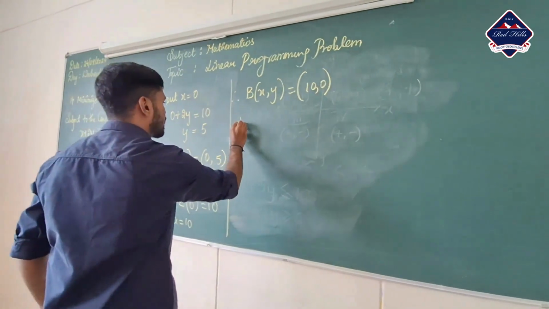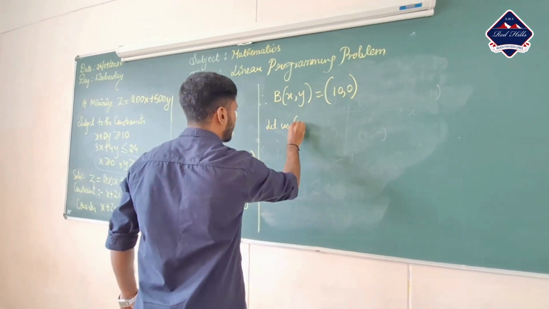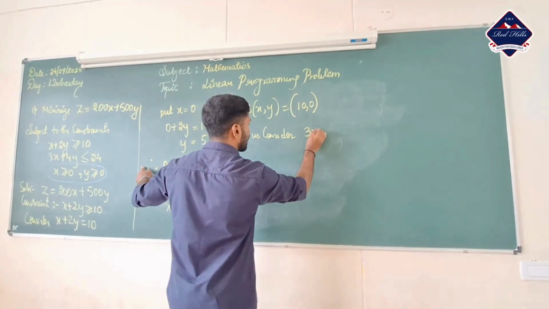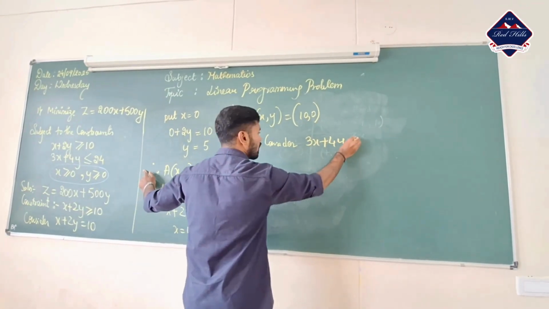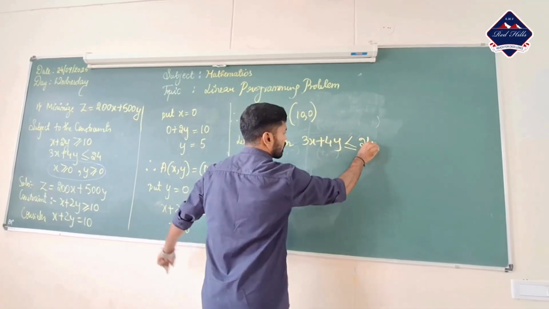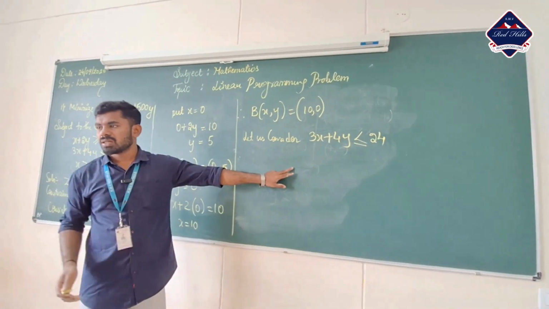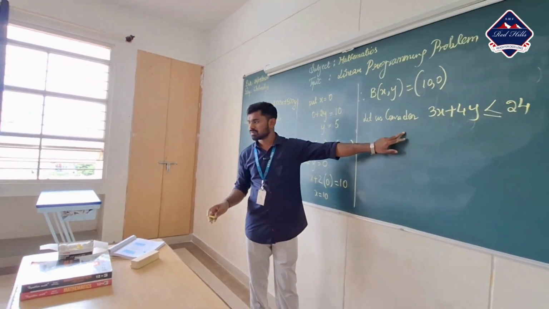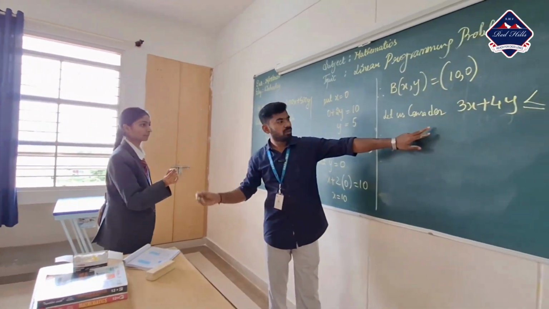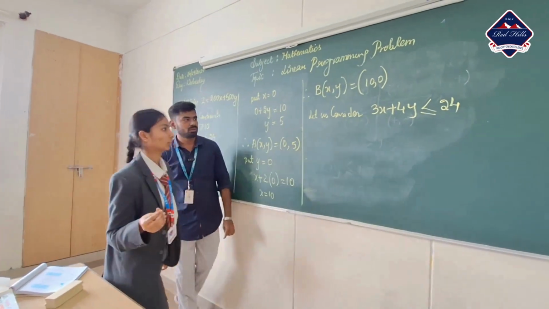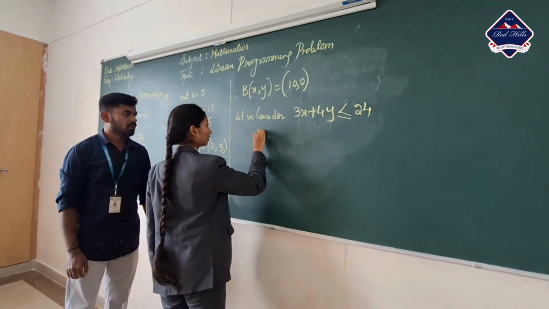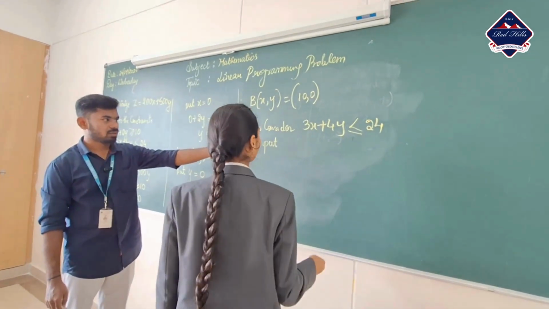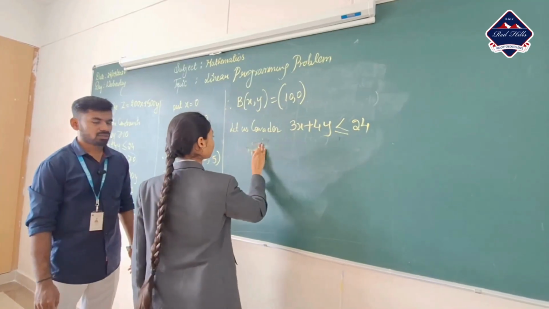Similarly, now let us consider the second constraint, 3x plus 4y less than or equal to 24. Yes, Arshavini, come here. Solve this.